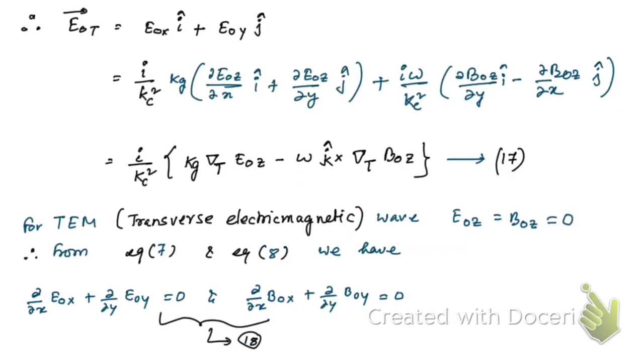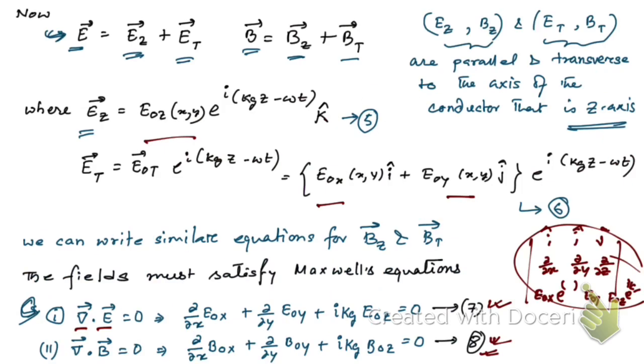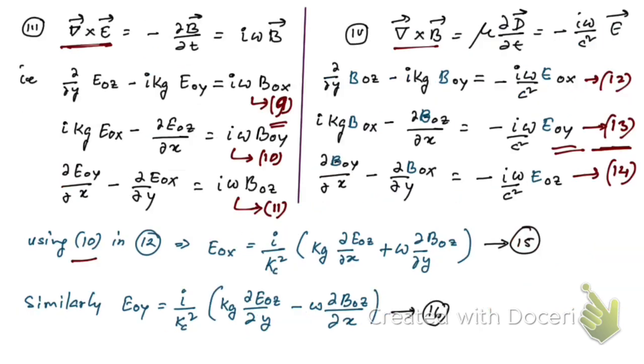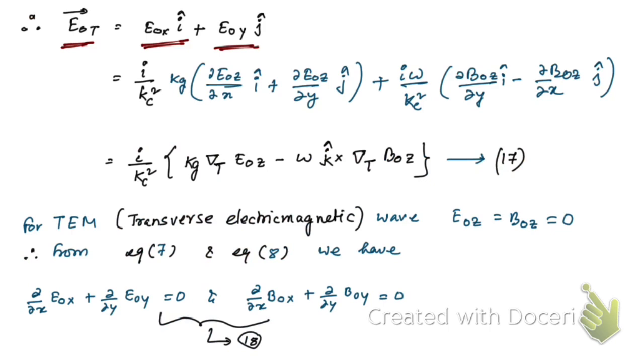Now you see, this E0T is equal to E0x i cap plus E0y j cap, right? As I have already mentioned here, this one, you see, it consists of two components, E0x i cap and E0y j cap, right? So here I have written in this way.